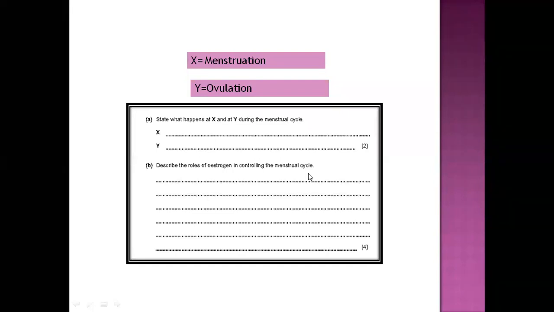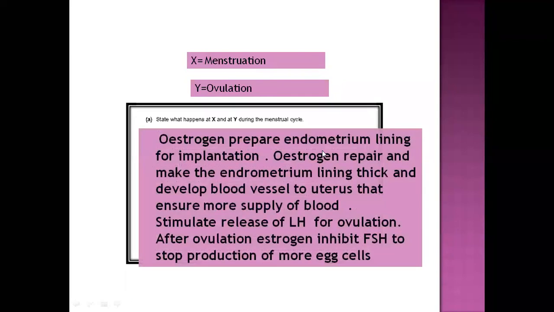It also develops blood vessels to the uterus so there is more supply of blood. On day 14, it stimulates luteinizing hormone for ovulation.